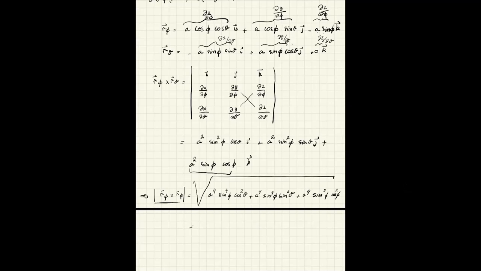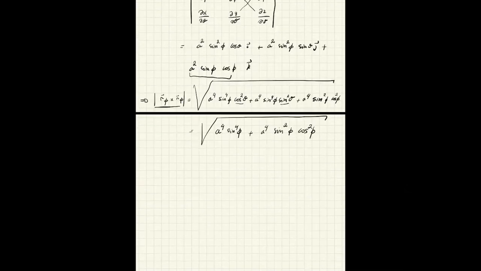Now you can use the fact that these two are the same. So this is a to the power 4 sine 4 phi plus a to the power 4 sine square phi cos square phi.